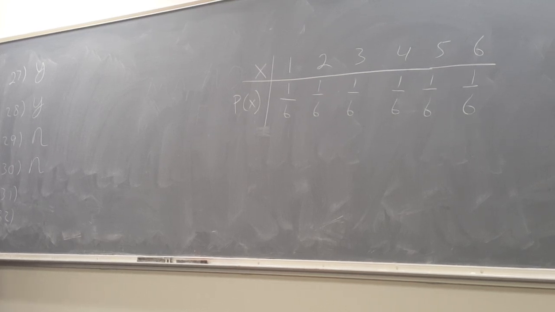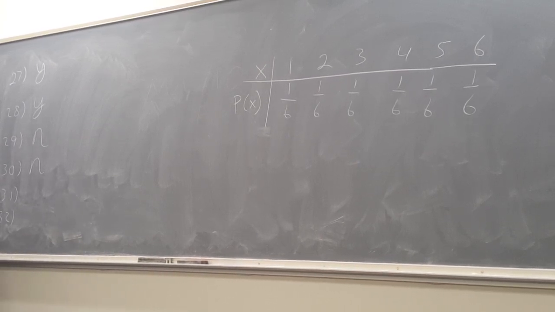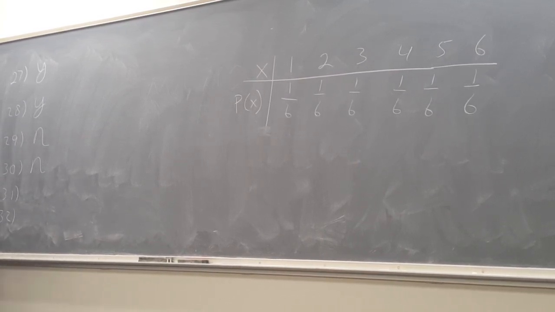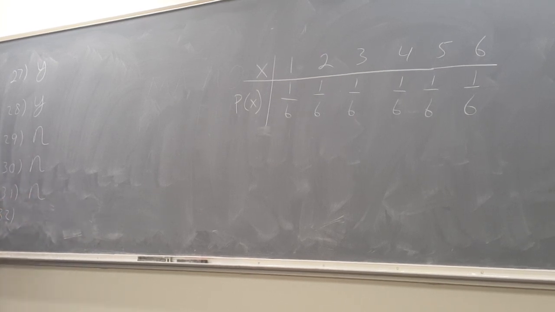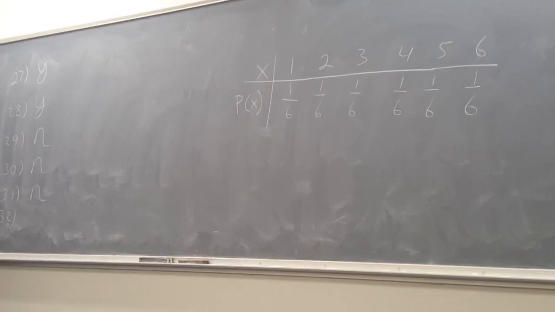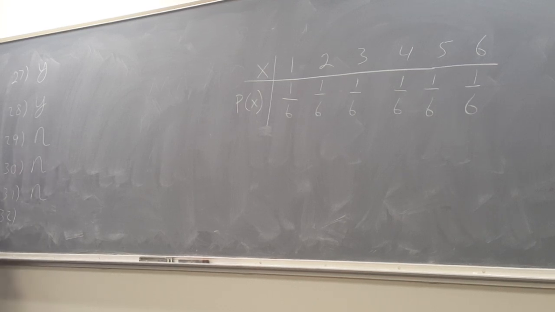31? No, they're all between 0 and 1, but if I sum those, what do you get, 1.5? So that one doesn't work either. And last but not least, yes.